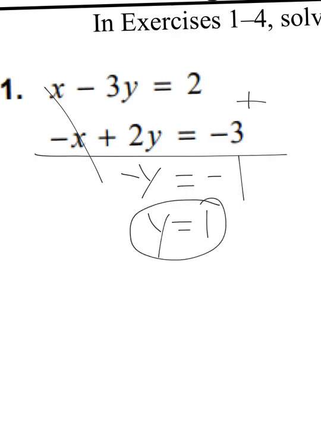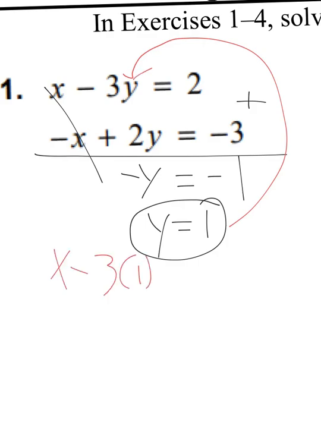Okay? So what you're going to want to do is go back and plug it into one of the original equations. It doesn't matter which one. This top one looks maybe easier to work with. So x minus 3 times 1 equals 2. So x minus 3 equals 2.